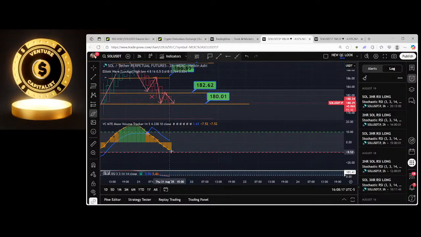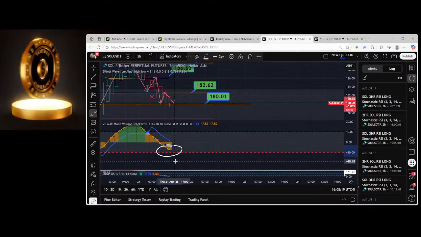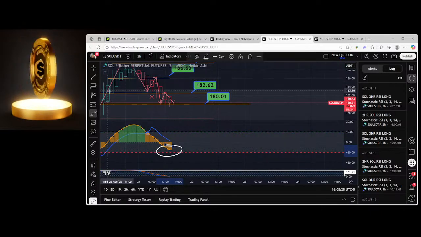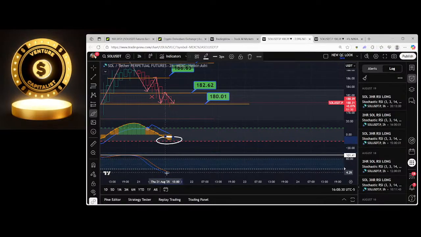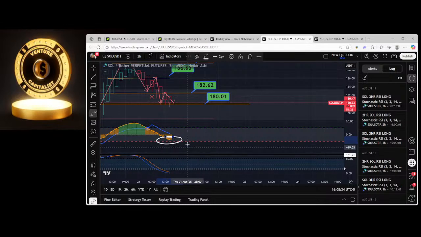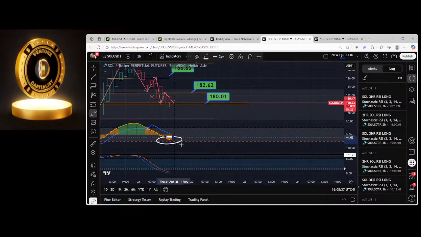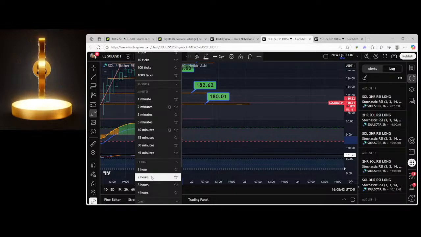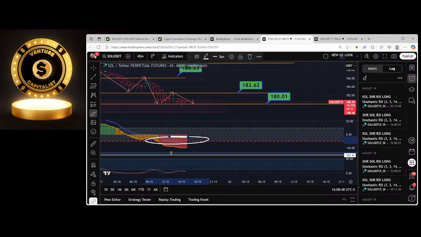What we're looking for is this orange line, which is basically a more sensitive RSI, and this is more based on money, right? The RSI is based on the market sentiment. This is based on the money sentiment, right? So the money is more important than the RSI. The RSI just lets you know that the money is pushing it up. So let's go to the 45-minute here.